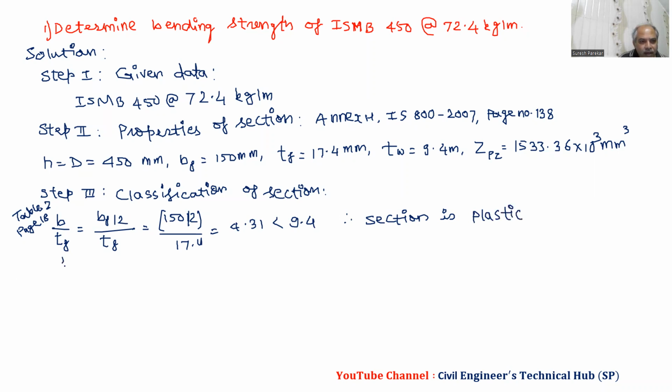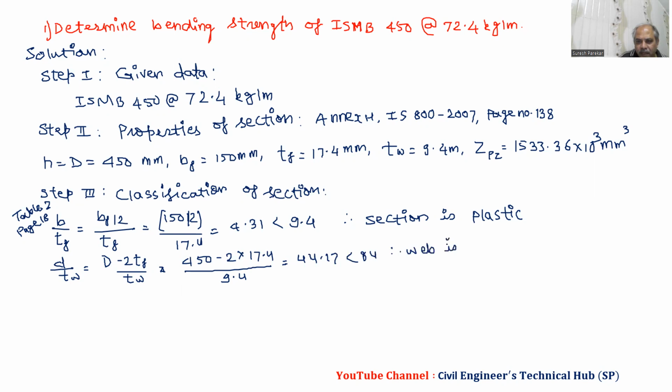Then we have D by TW. So we have D minus 2TF upon TW. So 450 minus 2 into 17.4 divided by 9.4. It comes 44.17, less than 84.